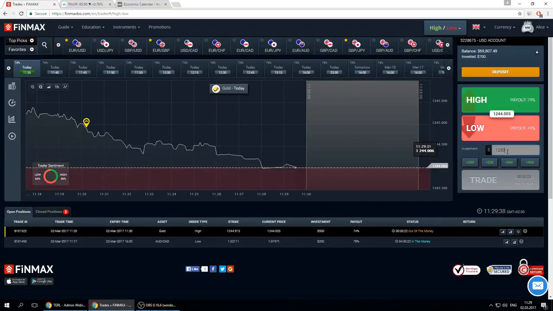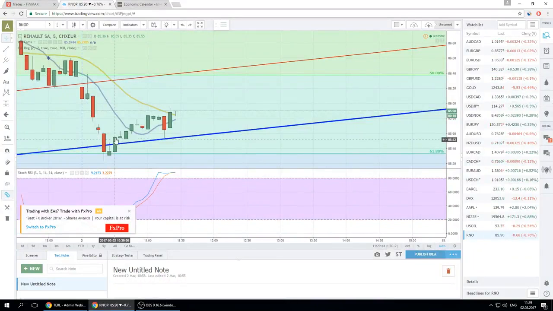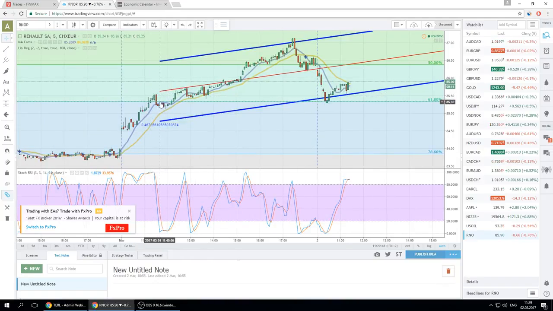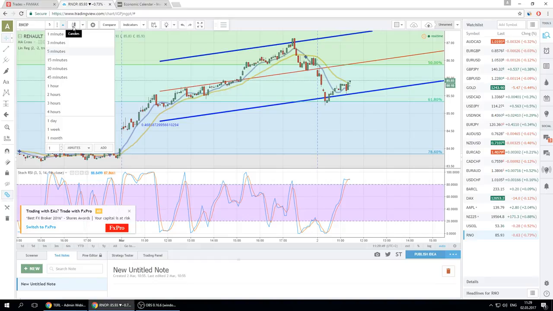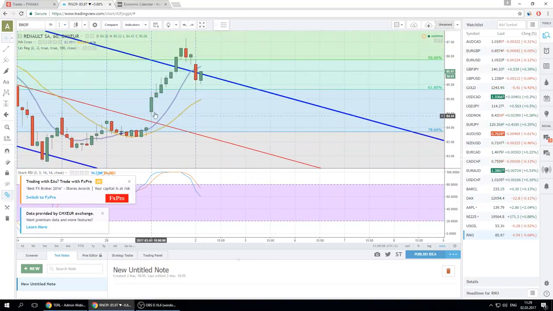Well, that was pretty intense. So the day ranges, 5 minutes. So you see that was yesterday's change in price for Renault.